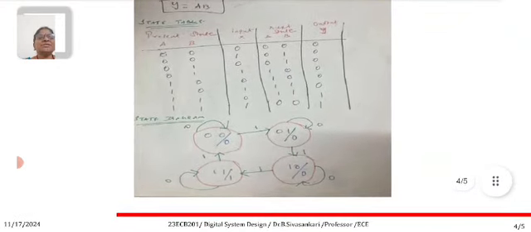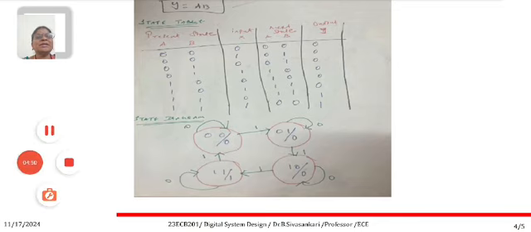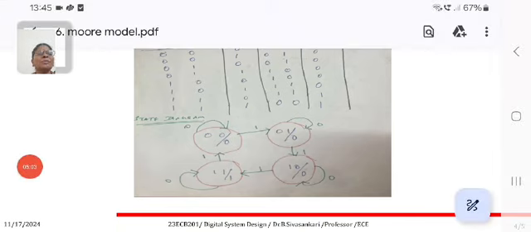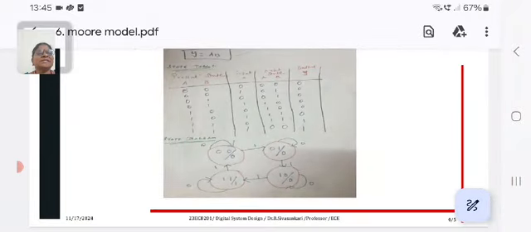As we said, only the input is represented along the directed lines, and the output is included inside the circle along with the state. The states 00, 01, 10, 11 are represented by the same directed lines, but the inputs will be along the directed lines, and the outputs will be under the state name inside the circle.